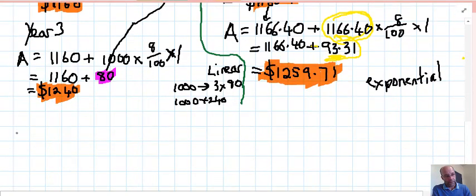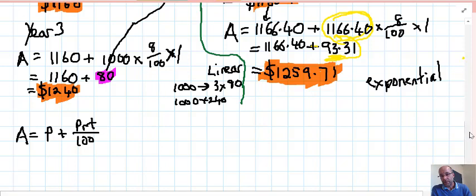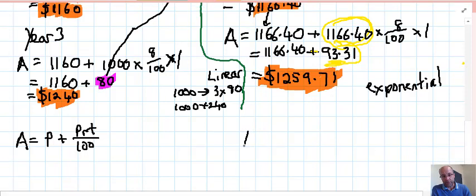Okay, so the formula is, as I said initially, P plus PRT over 100, which is actually a linear function. That's not important for this video, but this one here, we actually have a formula.